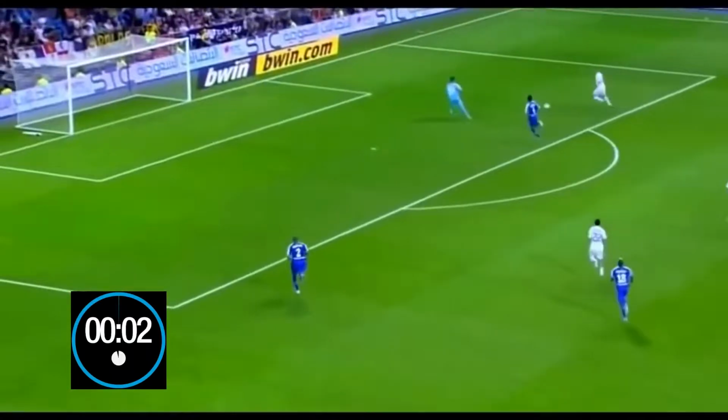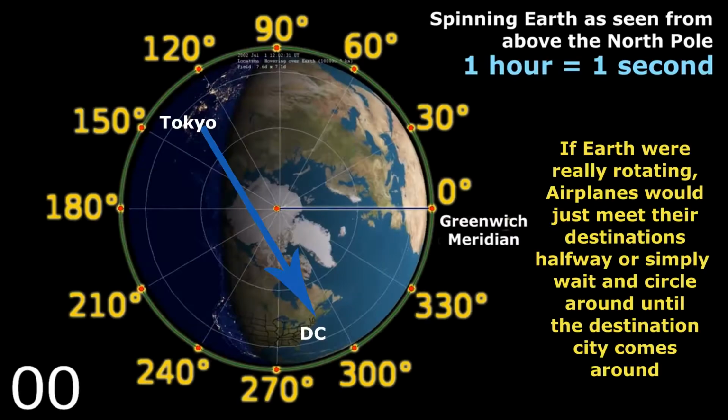So if airplanes were really rotating around the Earth, they should calculate their flights towards where the destination will be, as for example this flight from Tokyo to Washington DC.